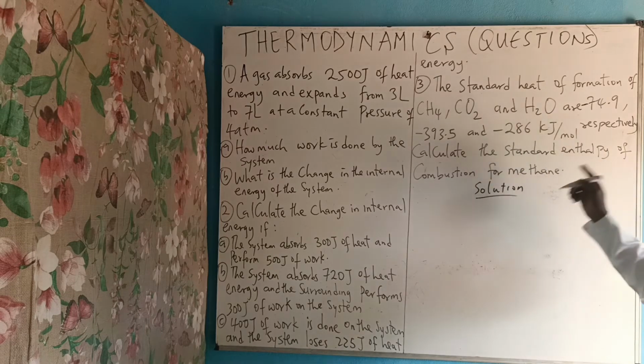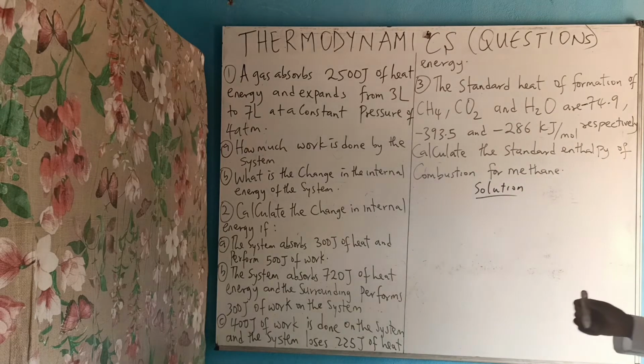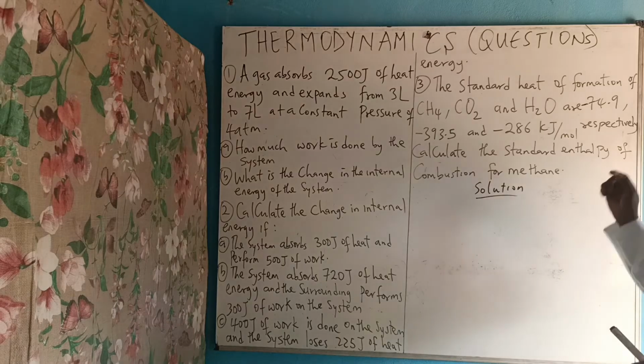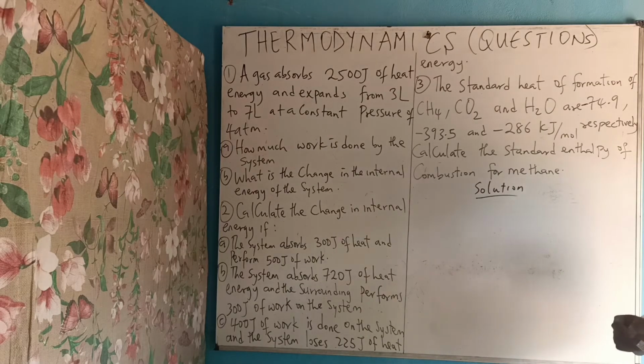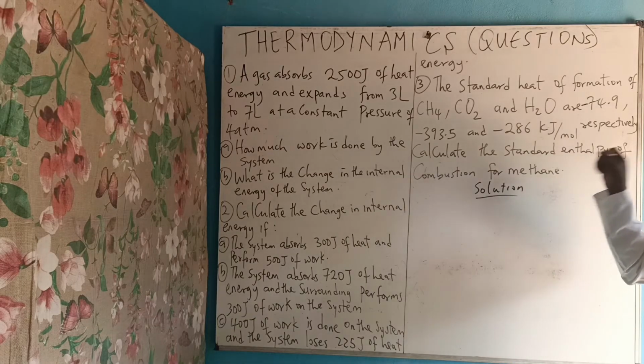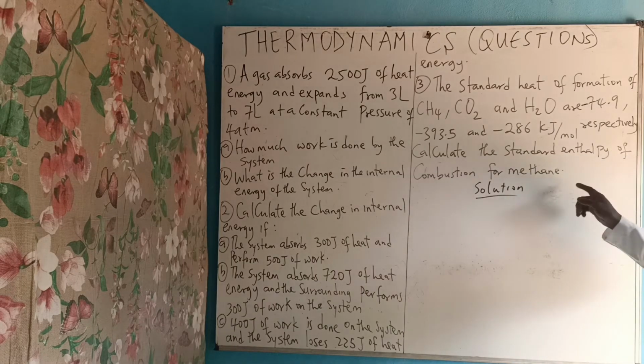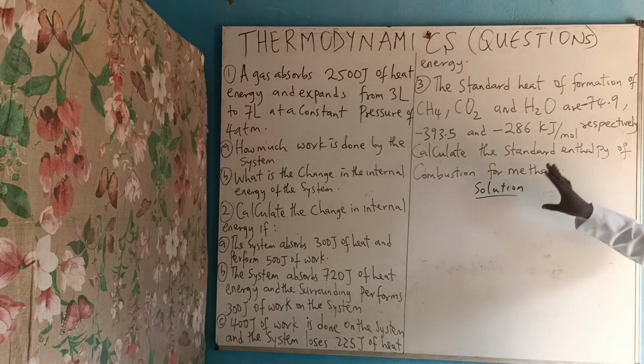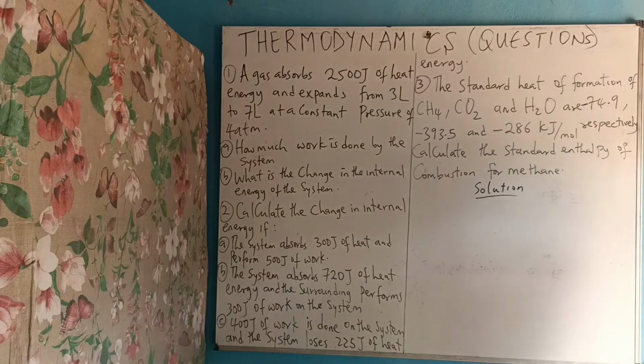Calculate the standard enthalpy of combustion for methane. Standard enthalpy of combustion simply means the change in enthalpy of that system when 1 mole of a substance is completely burned in oxygen or air at a particular temperature. That is the standard enthalpy of combustion.